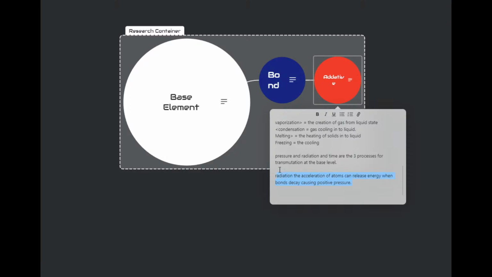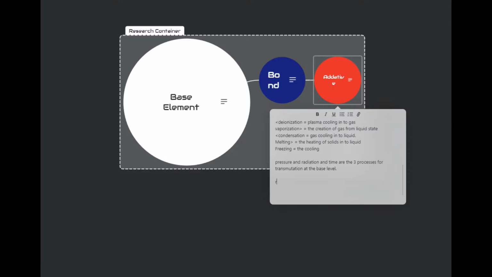Okay, so I'm trying to figure this one out. What I want to describe is a process where you have the additive. Okay, so element, so additive and bond. Pressure and radiation, free pressure, radiation, and entropy. So time.